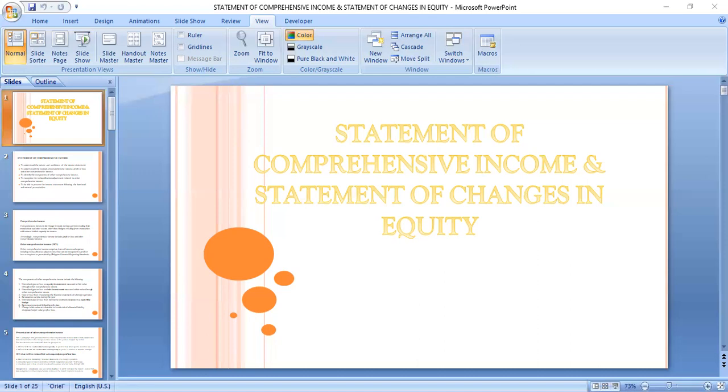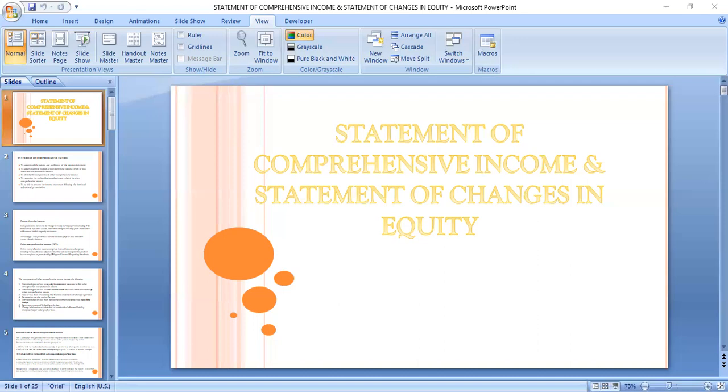The following items shall be disclosed on the face of the income statement and statement of comprehensive income. Profit or loss attributable to non-controlling interest and the owners of the parent. Total comprehensive income attributable to non-controlling interest and owners of the parent.